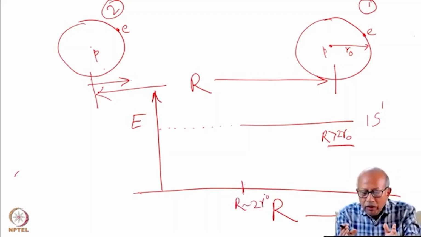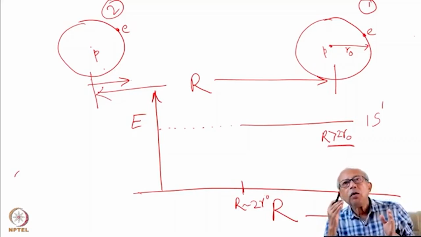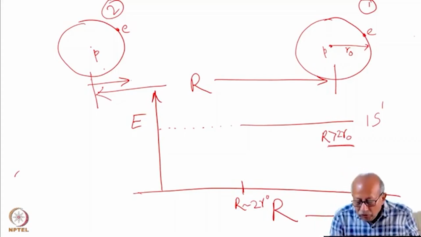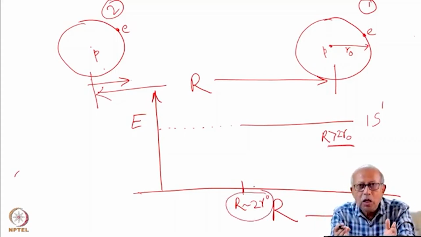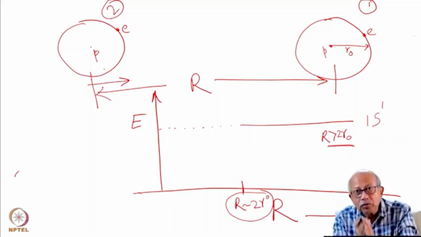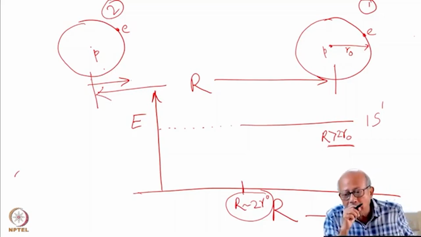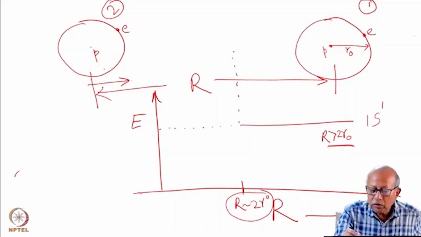The electrons have their own wavelength, and therefore an associated wave function. So when R becomes nearly equal to 2r0, the two atoms are just touching each other. That means the wave functions have started overlapping. So what happens to the energy level then?